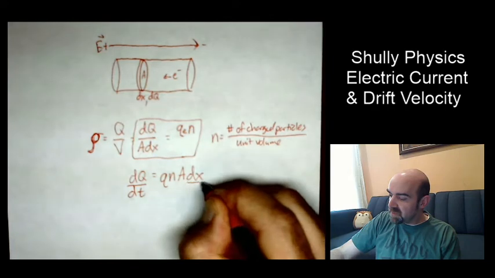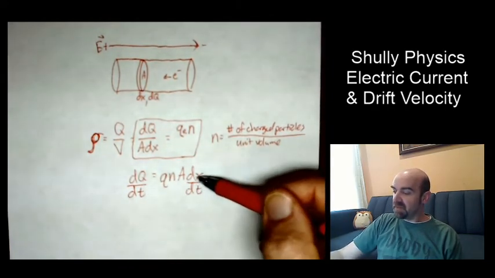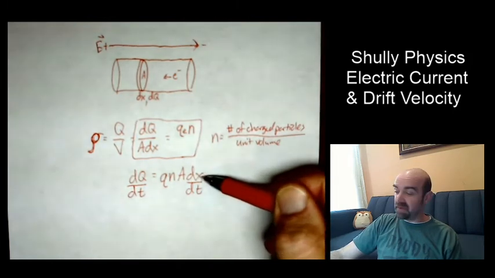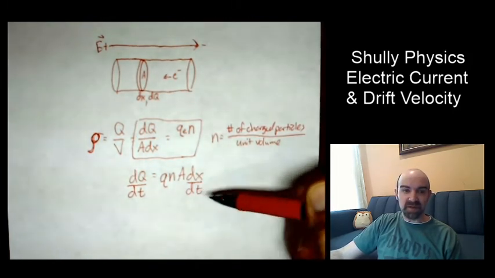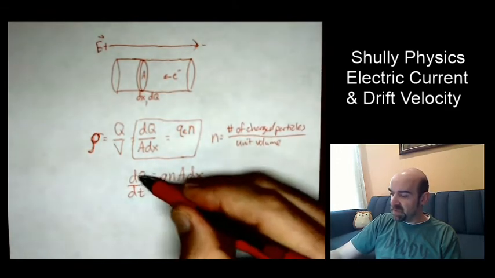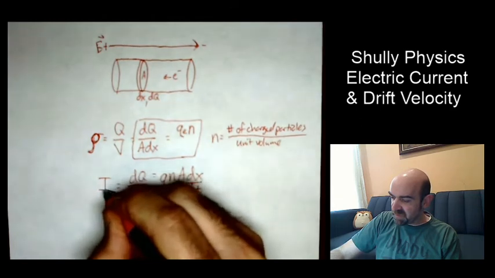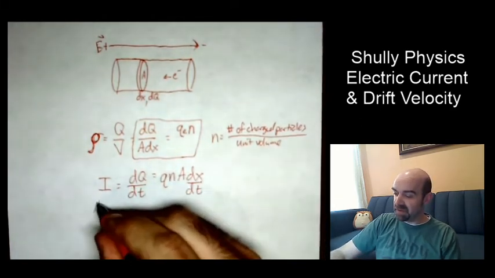If we divide both sides by dt, we get a rate of charge. And we also get a very familiar rate of change of position over on this side. Now this rate of charge is what we're going to define as I, the electrical current.